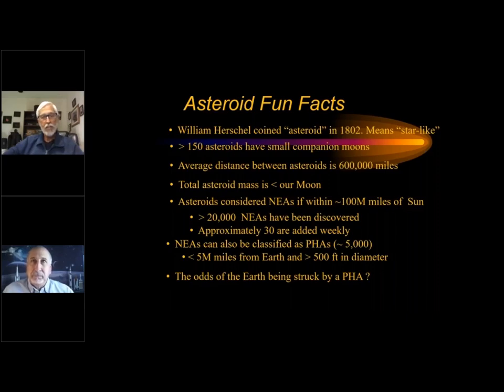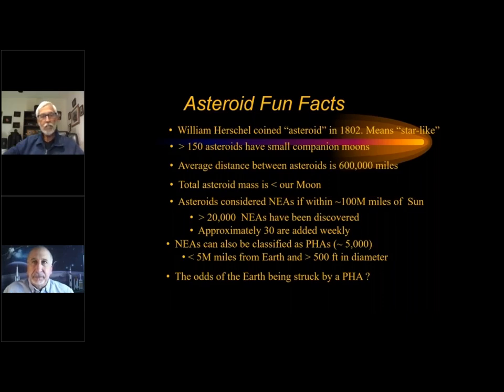There's another classification called PHAs, and those are potentially hazardous asteroids. And those are the ones that we really need to keep our eye on. There's been 5,000 of those found, and their description is they're closer than 5 million miles from Earth, and they are larger than 500 feet in diameter.